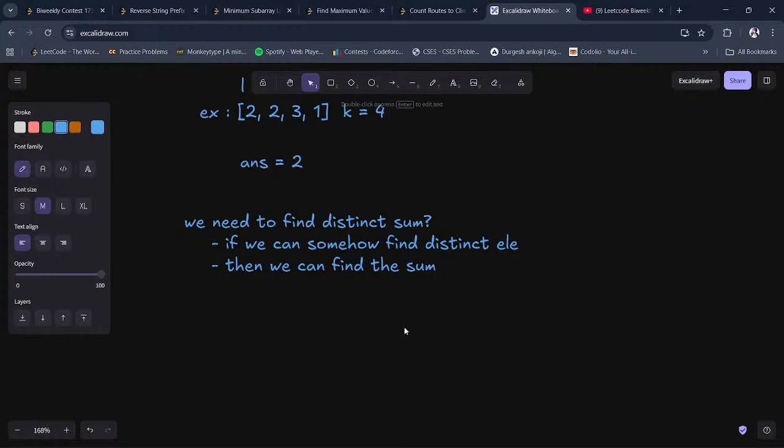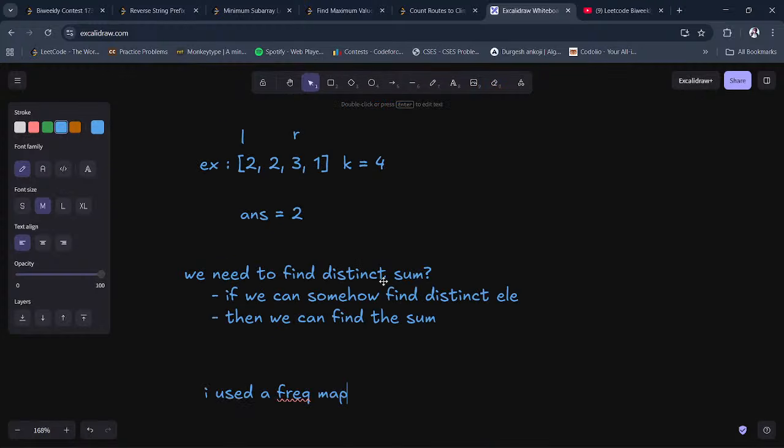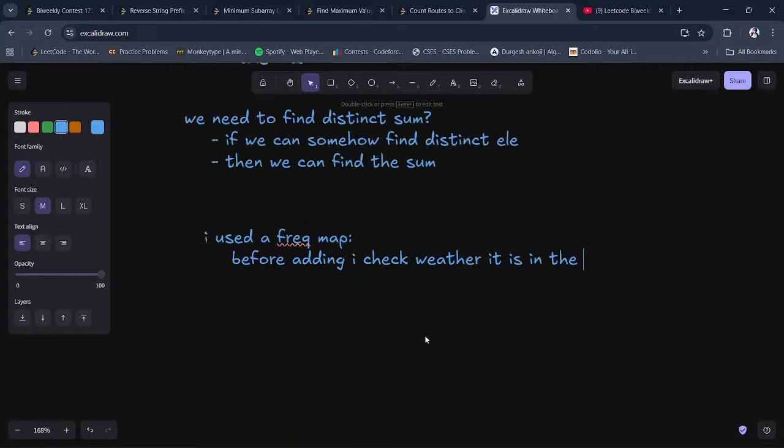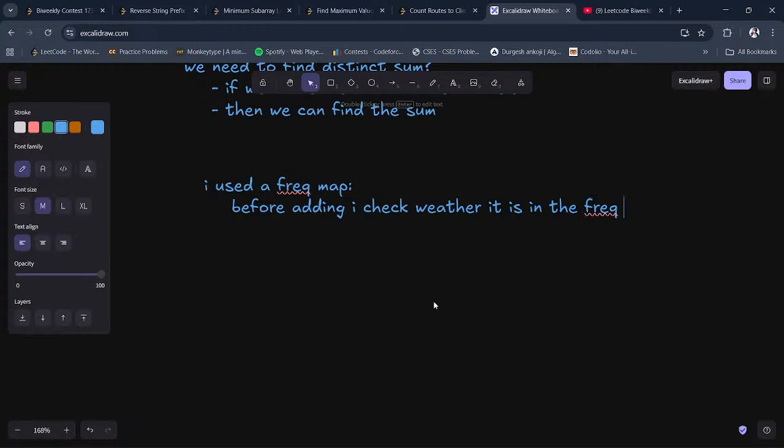What I did was I used a frequency map. Before adding into the frequency map, I check whether it is in the frequency map or not.